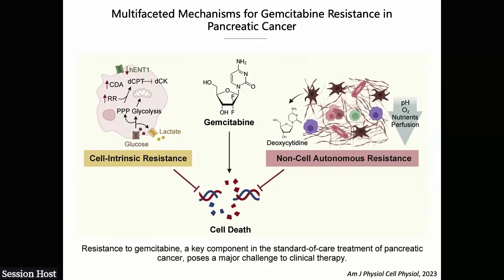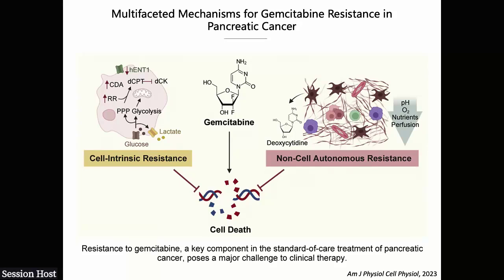One mechanism is cell-intrinsic resistance. That means gemcitabine needs to be transported by the transporter named ENT1 to be delivered into the cell. We found that in the resistant patients' tumor tissue, we see less ENT1 expression. At the same time, it's reported that the catalyzing enzyme DCK, which activates gemcitabine, is inactivated in the resistant patients' tissue.